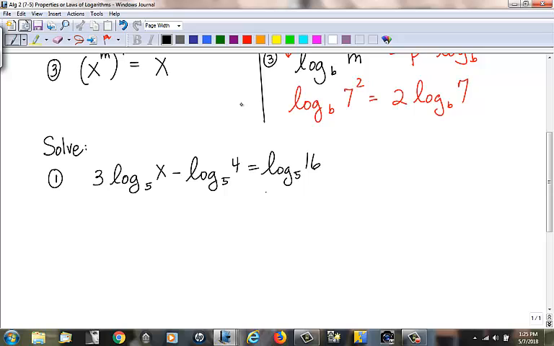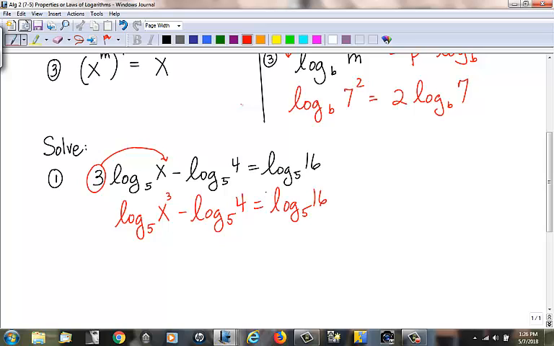Okay, first I'm going to do this one step at a time. Third law, this exponent goes back. So that'd be the log of x cubed base 5 minus the log of 4 base 5 equals the log of 16 base 5.